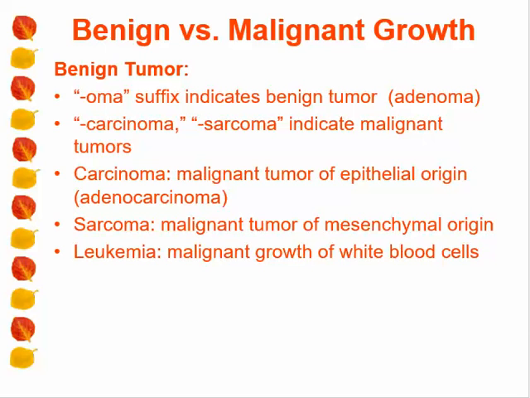In the nomenclature of this, we use OMA to indicate a benign tumor, and carcinoma or sarcoma to indicate a malignant tumor. So carcinomas are when the original tissue is epithelial, and this is the more common type of malignant cancer because epithelial tissue is very, very highly mitotic.